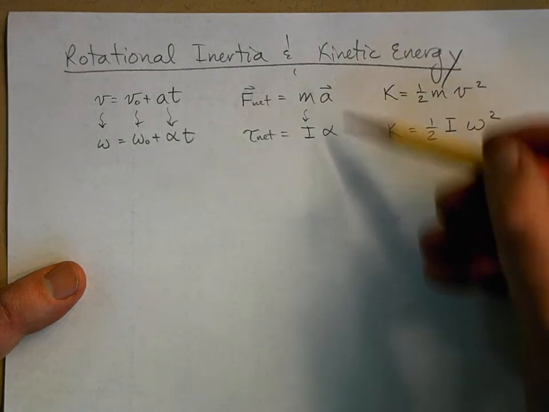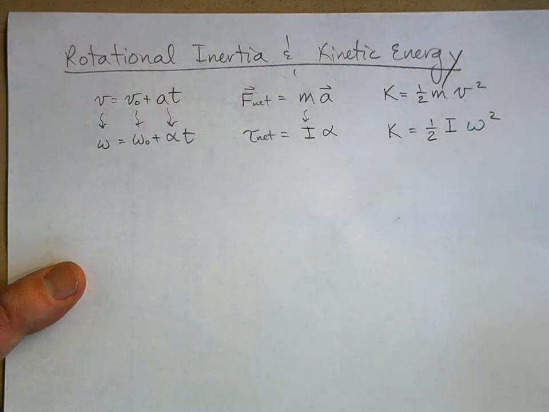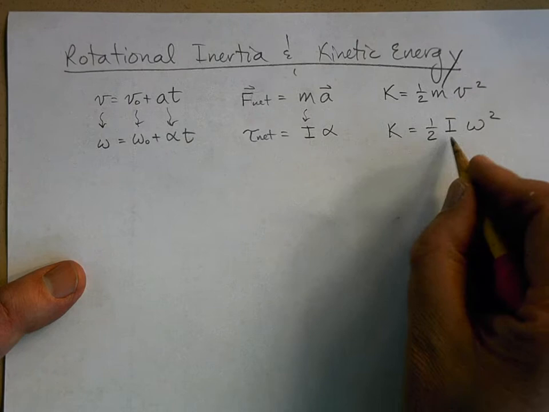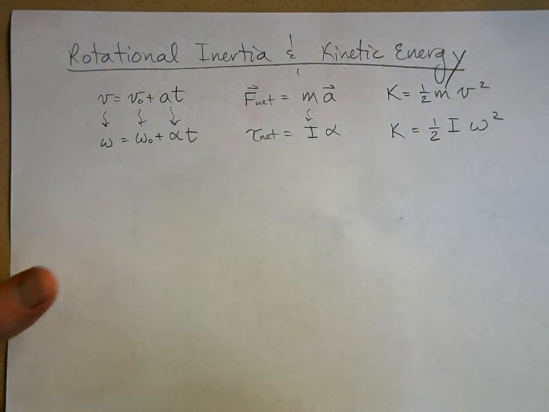See how these are very similar? I don't know why we use capital I for rotational inertia. I would think we would use some kind of Greek letter, but they use I. And I'm going to explain what that is. So let's get to it.